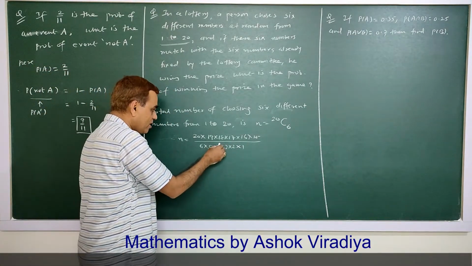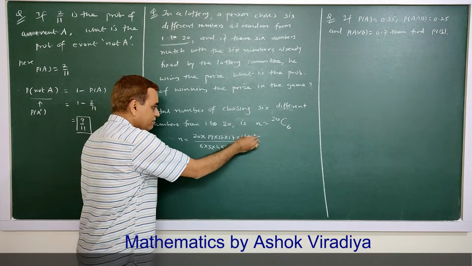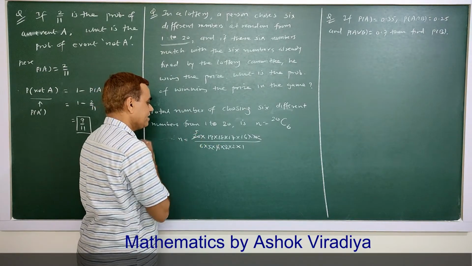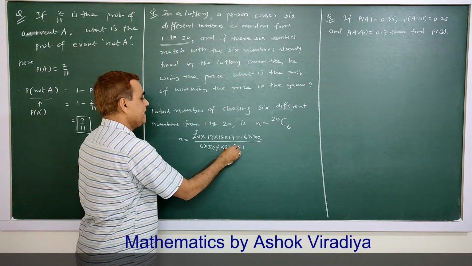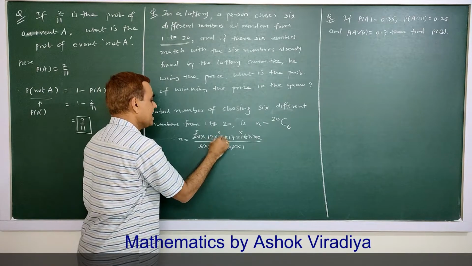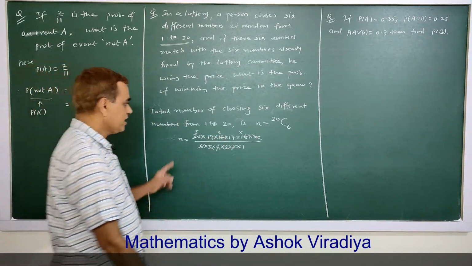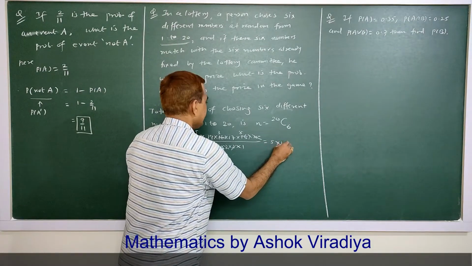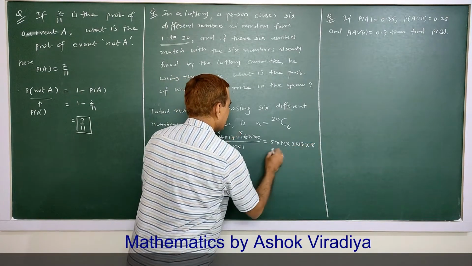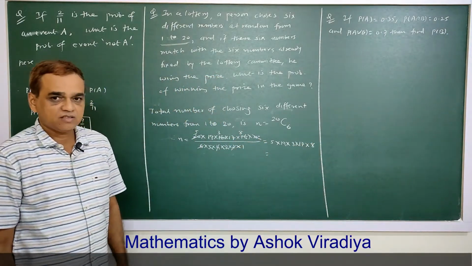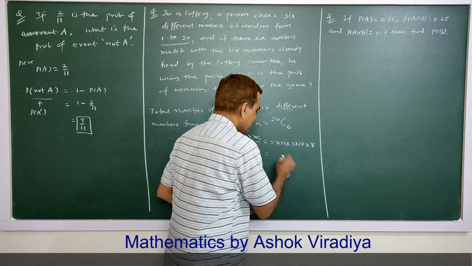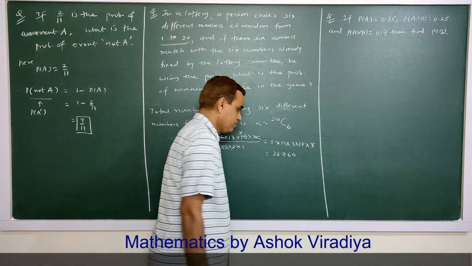So here 5 into 3 is 15, 4 into 5 is 20, 2 into 8 is 16, 6 into 3 is 18. So this is 5 into 19 into 3 into 17 into 8 left. These numbers are left. So calculating this by calculator, this product is 38760.